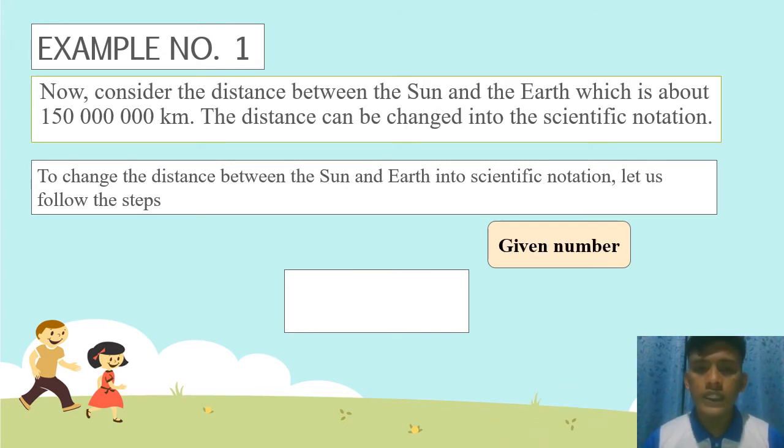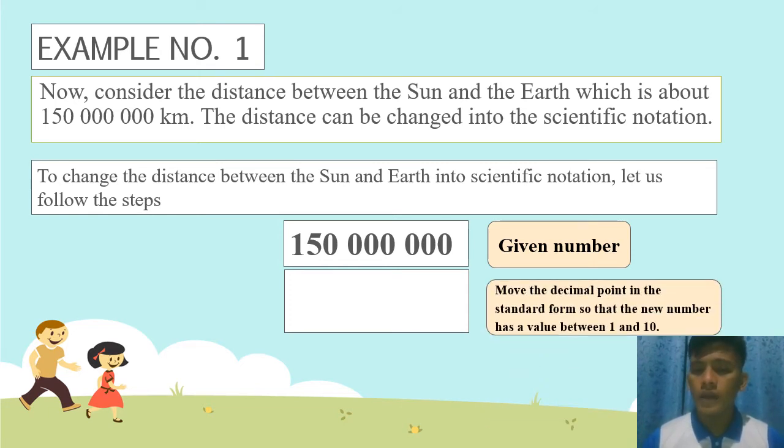First step is the given number, which is 150 million kilometers. Second step, move the decimal point in the standard form so that the new number has a value between 1 and 10. Your final decimal number must be between 1 and 10. So in the given 150 million, the decimal point will start here.